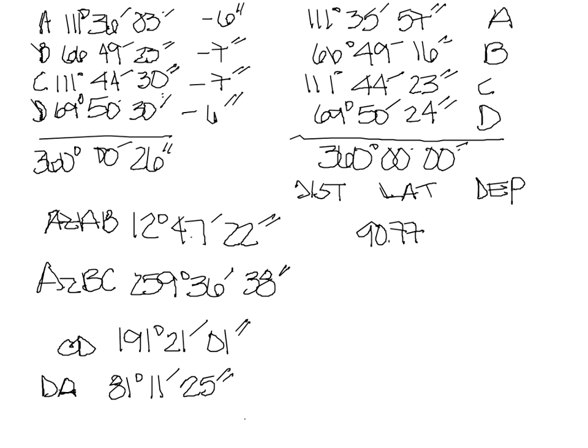The departure for AB is 93.08 feet times the sine of 12 degrees, 47 minutes, and 22 seconds, which gives you 20.61. So far so good? Everybody with me?